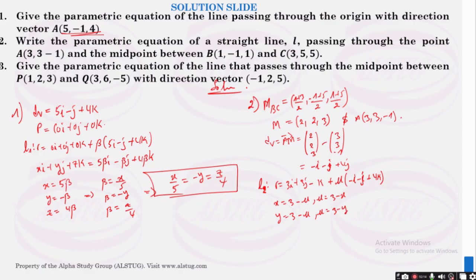And for the z component, that's k, you have negative 1 plus 4 mu, which means mu in this case will be z plus 1 on 4. Therefore, your parametric equation will be: 3 minus x should be equal to 3 minus y, which should be equal to z plus 1 on 4. And that is your parametric equation.